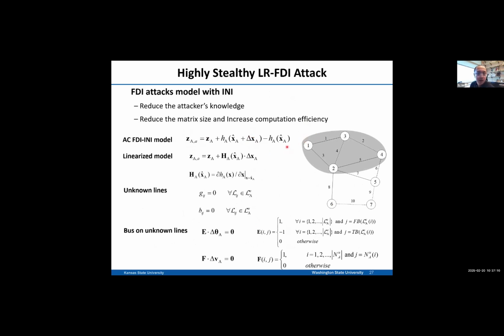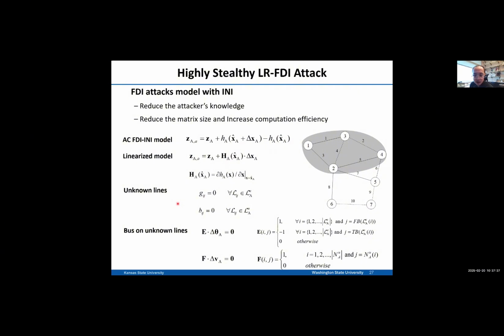Here, H represents the voltage states to measurements mapping function, which is a nonlinear equation. First, in our model, we linearize this model by linearizing this nonlinear equation h. And here, capital H is the Jacobian matrix of the small h function.